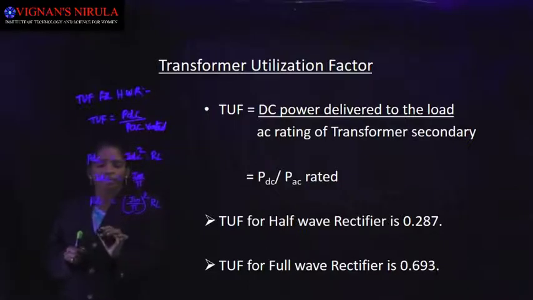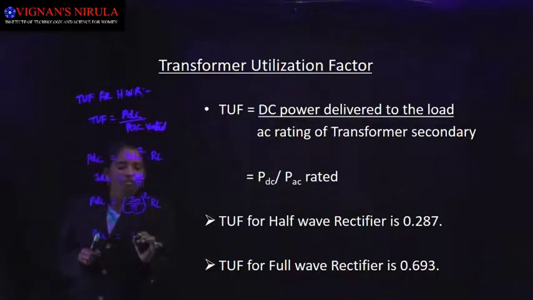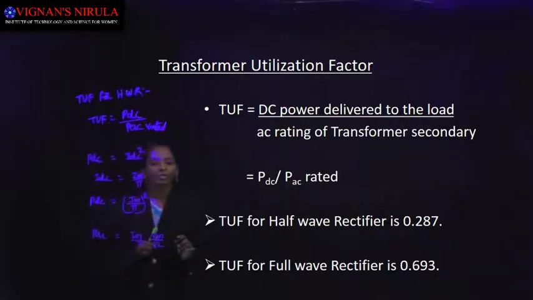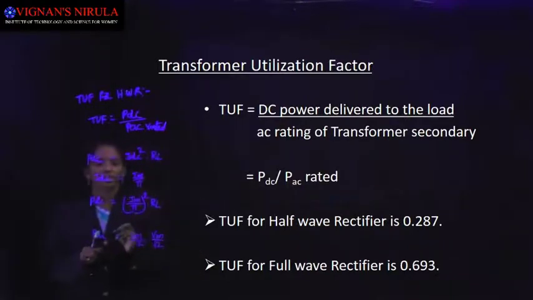And what is PAC? PAC is Im by 2 into Vm by root 2. Substitute the PDC and PAC values in the transformer utilization factor.